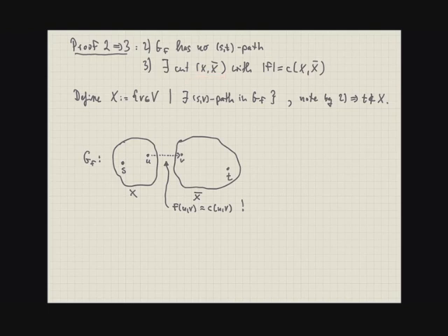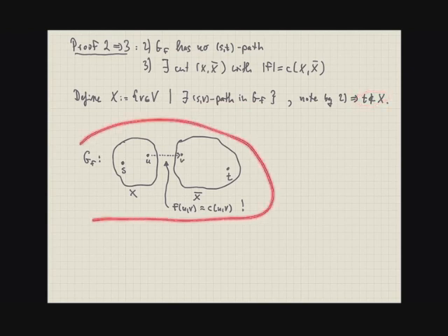It's not so difficult. We define the set X to be all the vertices which are still reachable in the residual graph from the source vertex S, for which there exists an s-v path in the residual graph. And notice that because there doesn't exist any s-t path anymore in the residual graph, so there is no augmenting path, the target node T is not in X. So that means this picture here is actually correct.